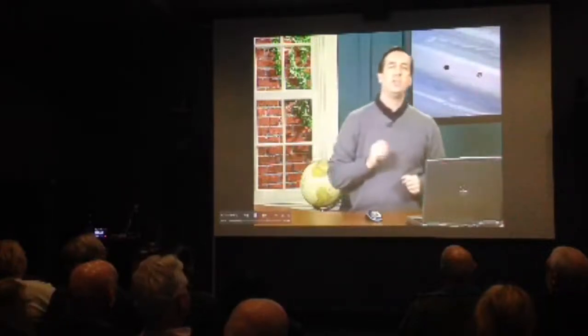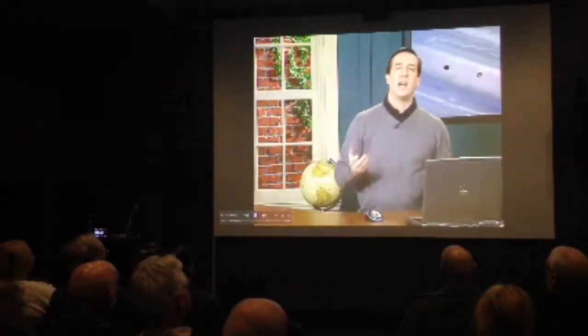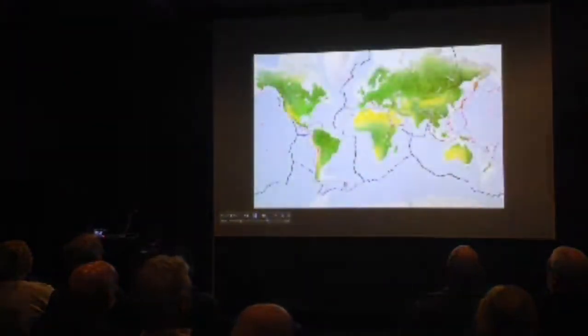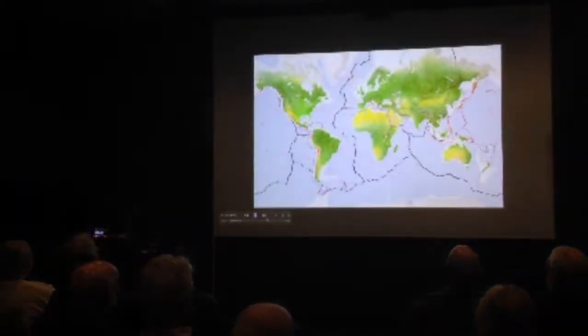We interpret these ocean features under the guise of plate tectonics. In this image, we show you the plates of Earth. Earth's crust is divided into 8 large plates and a few smaller ones. We have the North American plate and the South American plate. We have the Eurasian plate, which stretches from Europe across Asia, the African plate.